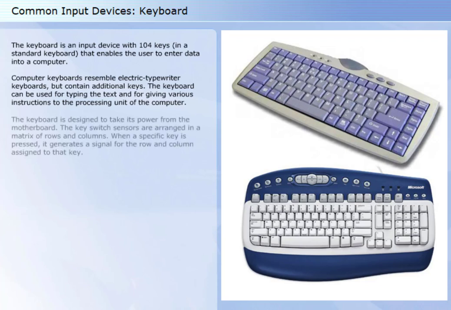The keyboard is designed to take its power from the motherboard. The key switch sensors are arranged in a matrix of rows and columns. When a specific key is pressed, it generates a signal for the row and column assigned to that key.